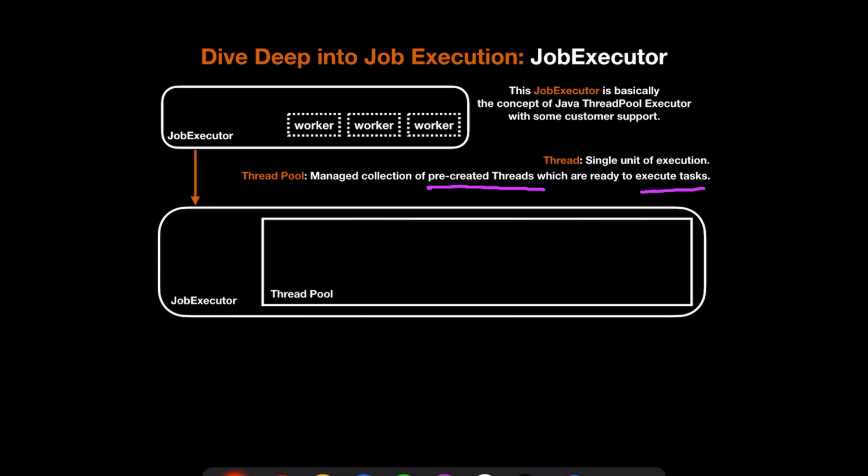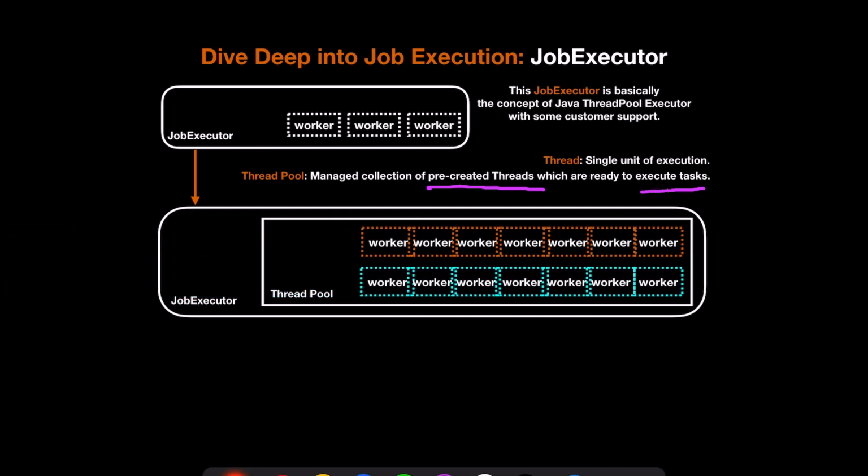Whenever it receives a request, it knows where to send it. So we have multiple thread pools created, say one thread pool for pizza, another thread pool for burger. Whenever the job executor receives a job request, it throws the job into the respective thread pool, and if any worker thread is available, it will do the job. When the job is done, the job executor will notify back through some callback mechanism, hey, we are done.